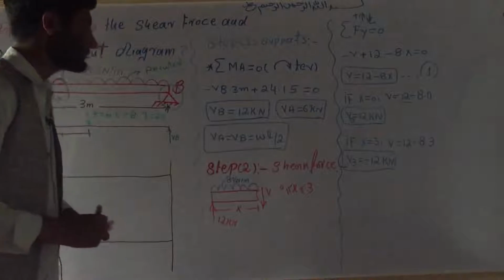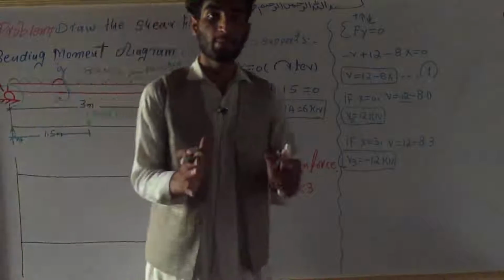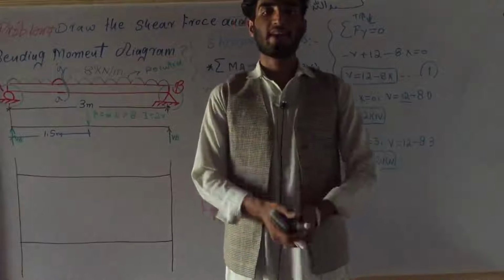So let's draw the shear force diagram. Also in this beam there is a place where the shear force equals 0. How can we find that?